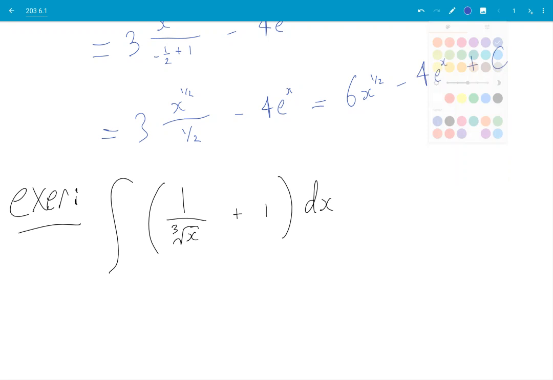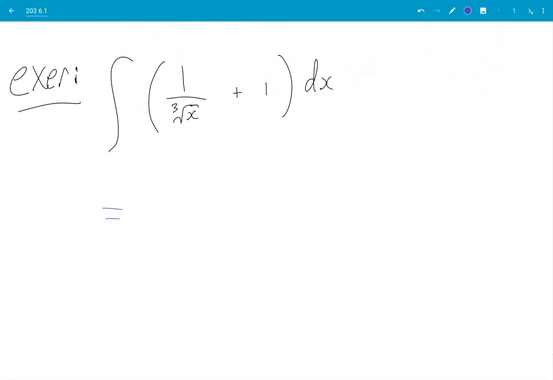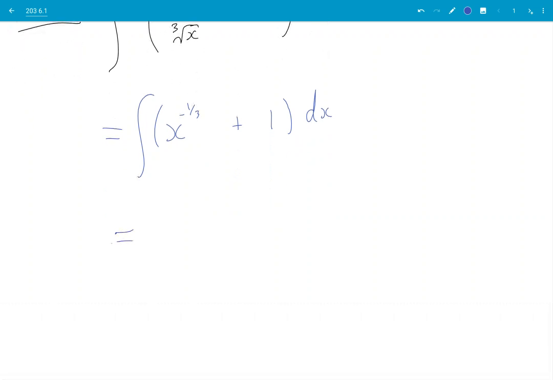And what I'm getting is the following. This is the integral of x to the negative 1/3 plus 1 dx. I use my power rule, so I add 1 to negative 1/3. Okay, the antiderivative of 1, well, that's just x, right?